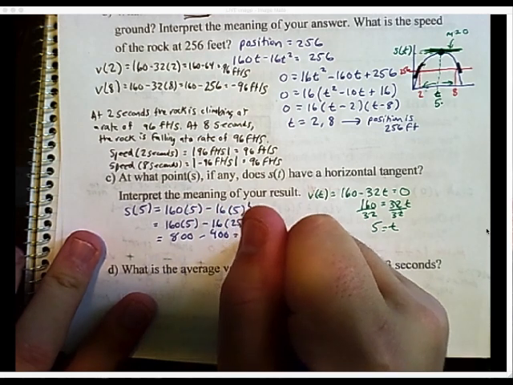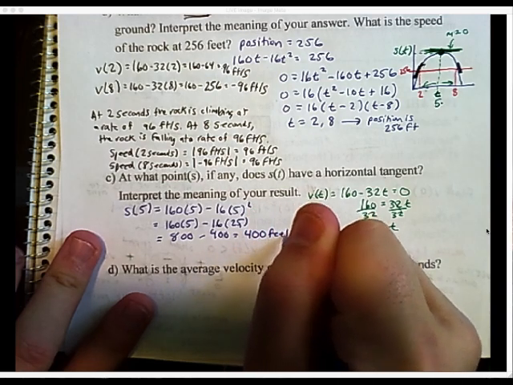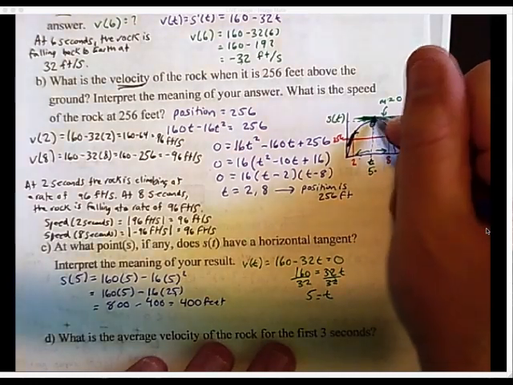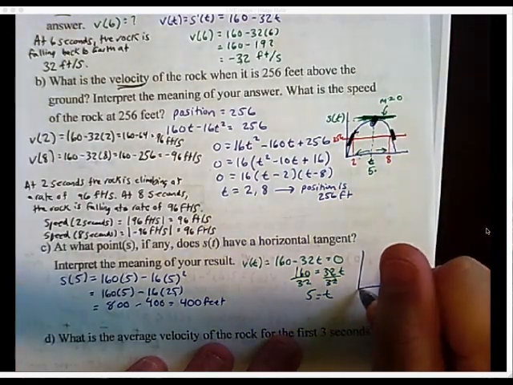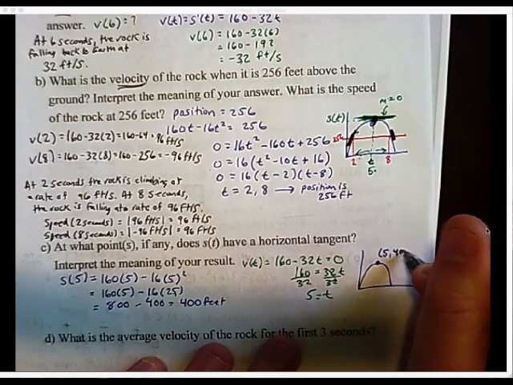All right, so 800 minus 400 is going to be 400 feet. So this point right here on the graph, the high point, has coordinates of 5, 400.